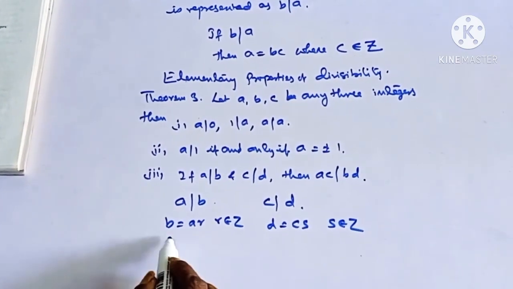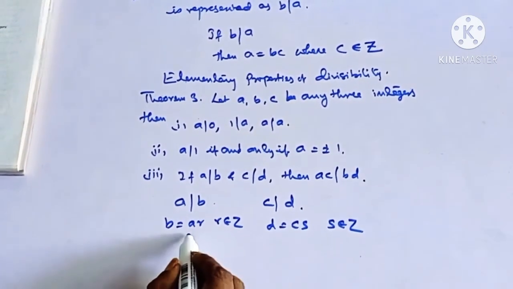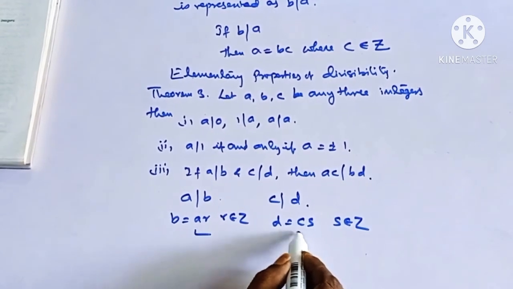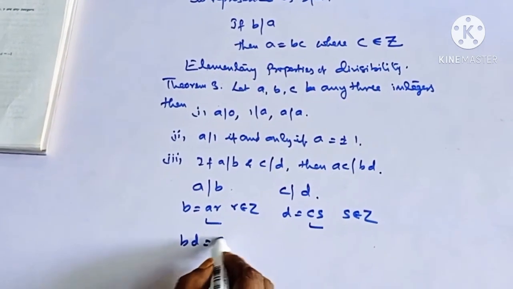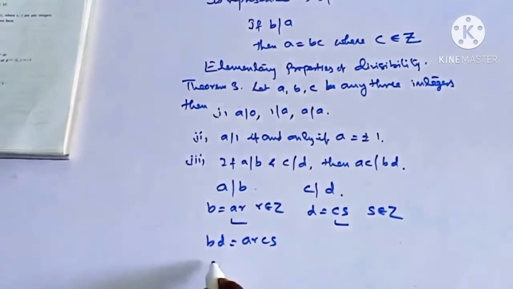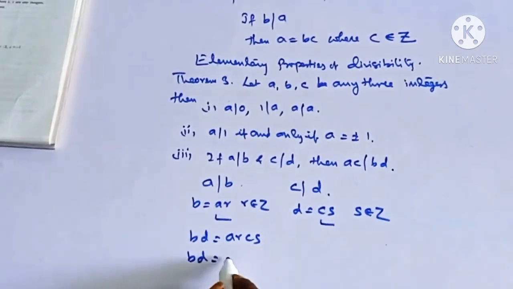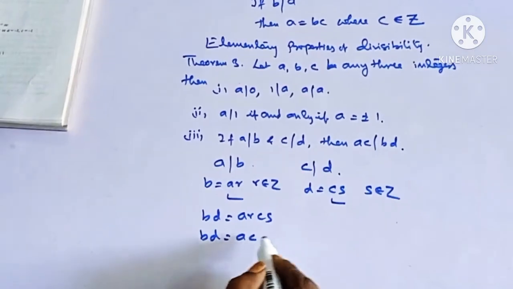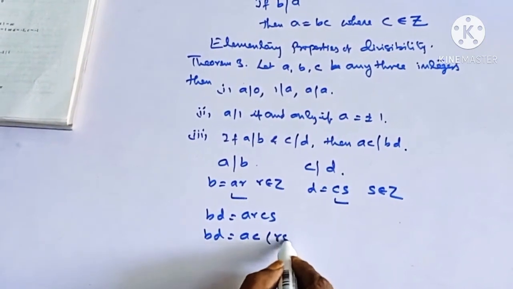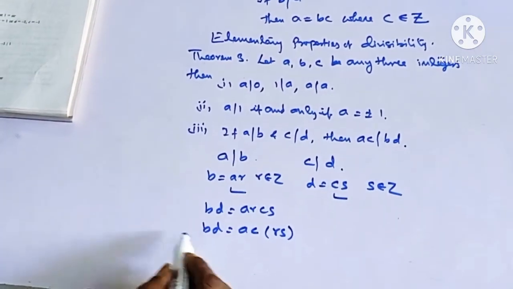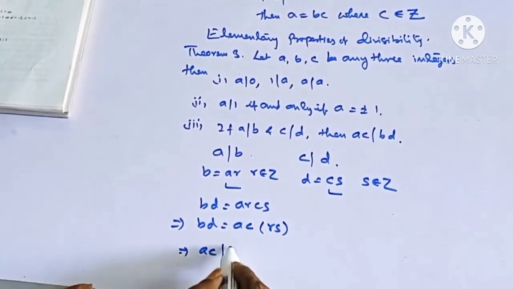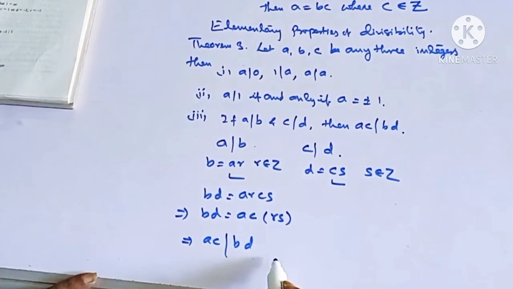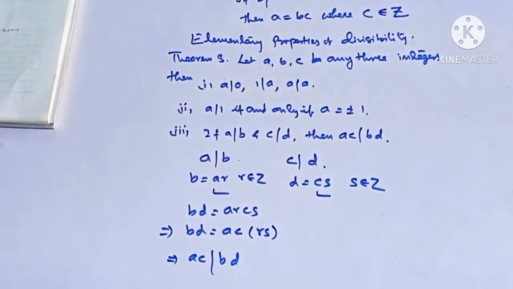Now we multiply these two equations. We get bd is equal to ar into cs. So bd equal to ac into rs. This rs is an integer. So this can be written as ac divides bd.